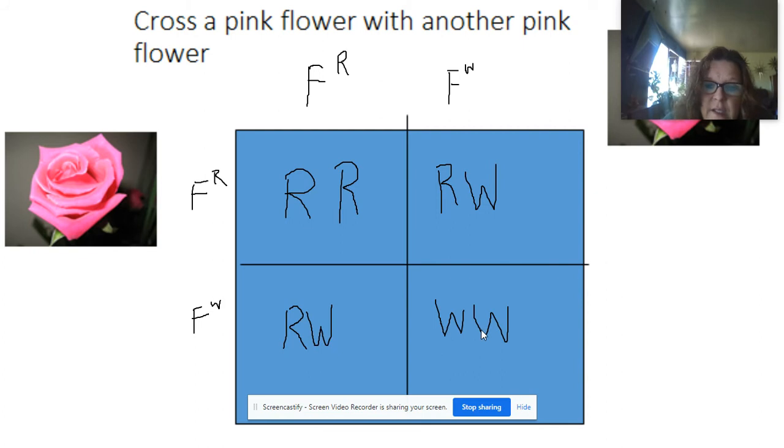So you're also going to get the white flower again. So what you're going to have is a 1 to 2 to 1 ratio, and that's for phenotype and genotype, right? You're going to have 1 red flower to 2 pink flowers to 1 white flower.